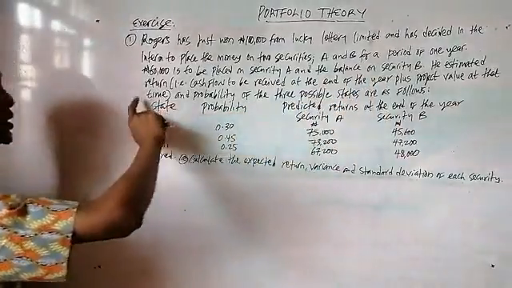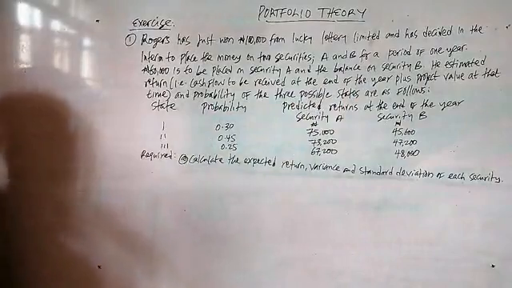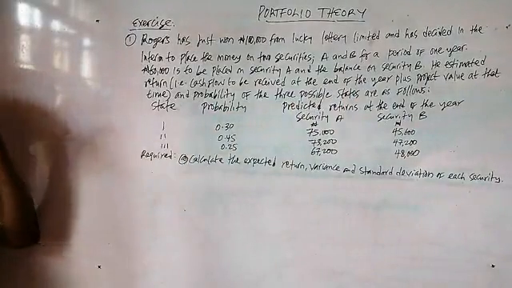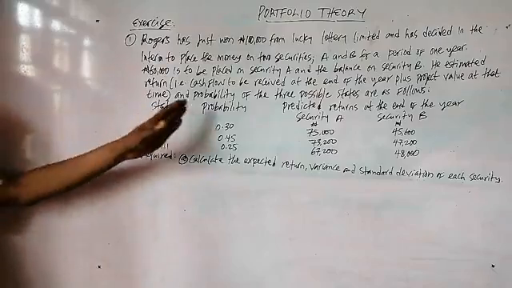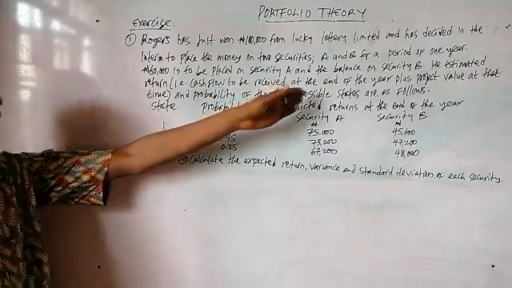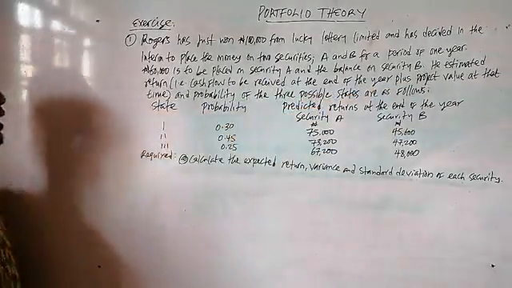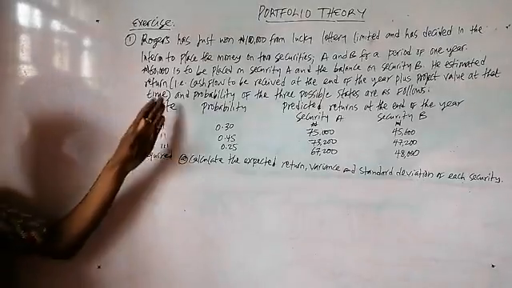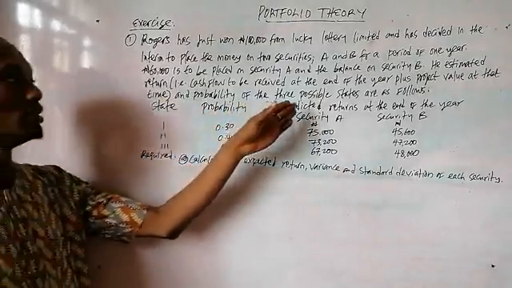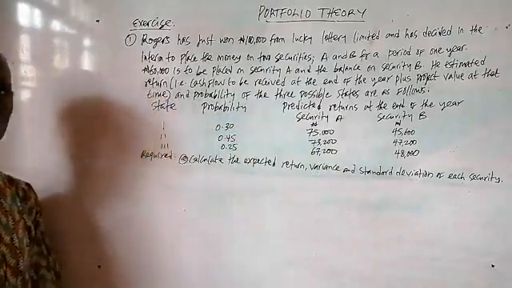The estimated return, that is Rogers' estimated returns, that is cash flow to be received at the end of the year plus projected value at that time, and probability of the three possible states are as follows.